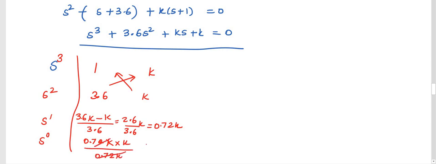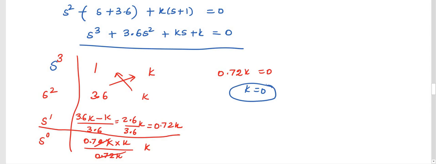Both get cancelled, we get k. Next I have to take this row element, that is 0.72 k, and equate it to 0. So if we equate this to 0, we'll get k equal to 0.